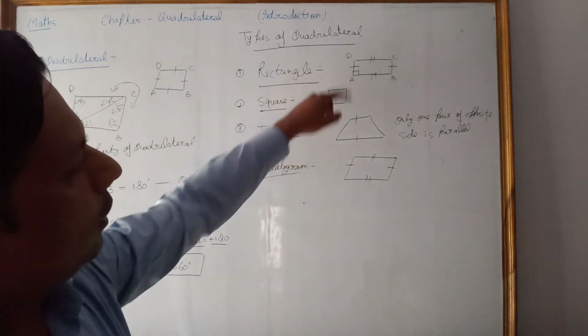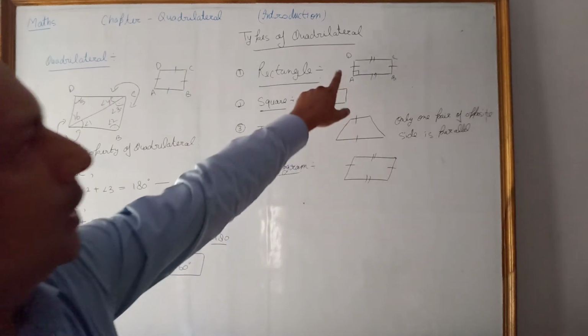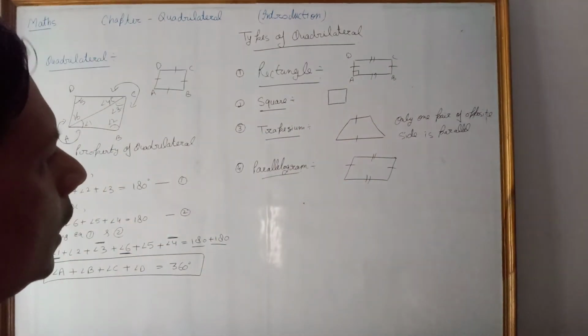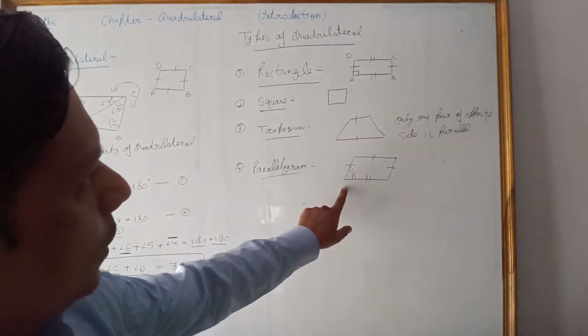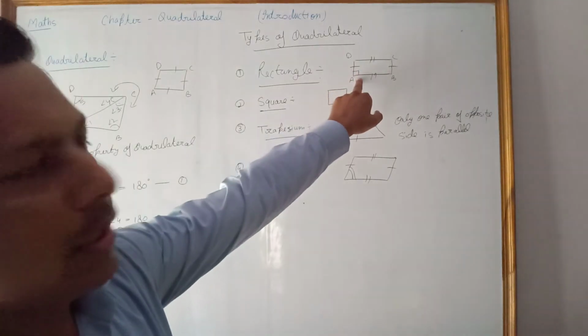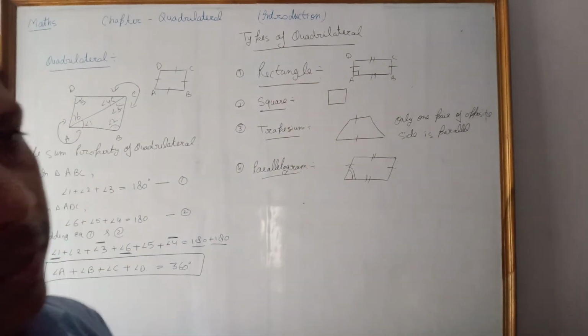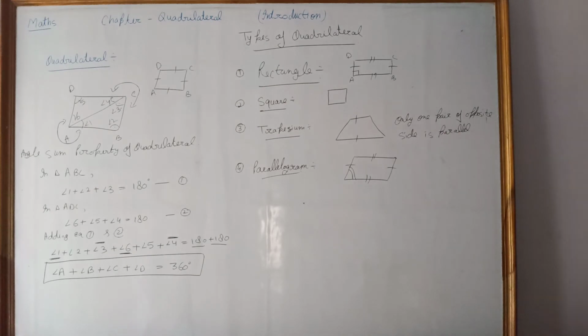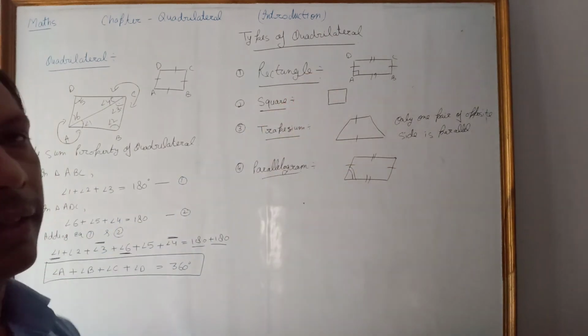It is similar to a rectangle, but the difference is that in a parallelogram the angle is not 90 degrees, while in a rectangle the angle is 90 degrees. So a parallelogram becomes a rectangle if one angle becomes 90 degrees. There is no other difference, only the angle.